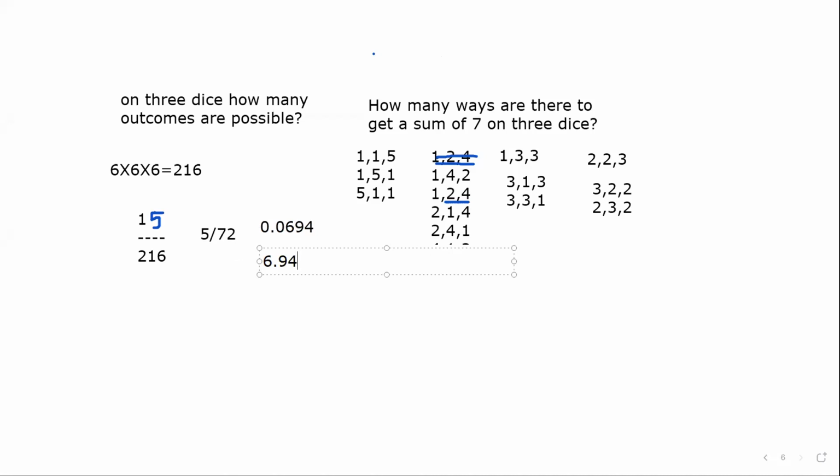Okay, and I think we have a couple more left.